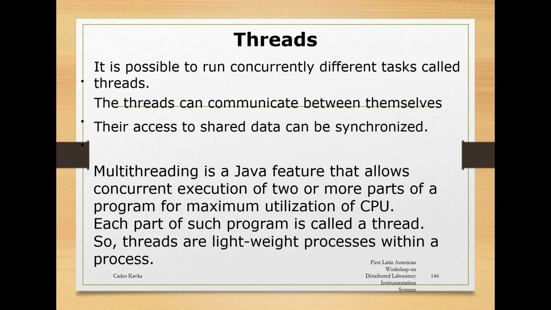Now, we can define a thread as a feature that allows concurrent execution of two or more parts of the program for maximum utilization of the CPU. This is also the advantage of multitasking: the multi-threading feature is needed to improve the performance and the utilization of the CPU.